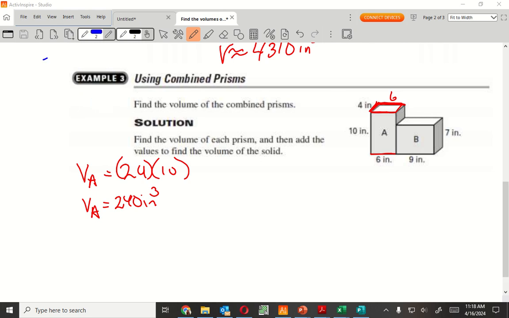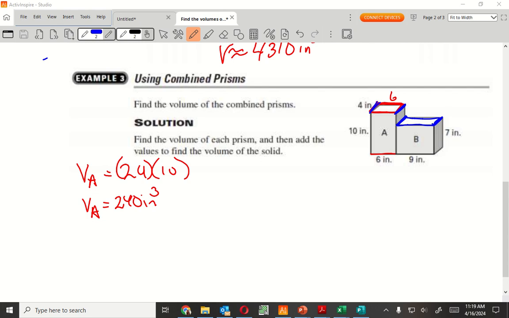Now we're going to do B. So now this one, I'm going to say this is my base. So let's see what we have here. This is what I need to find. This one right here should be the same as this one right here, right? And that's the same as this one right here, right?